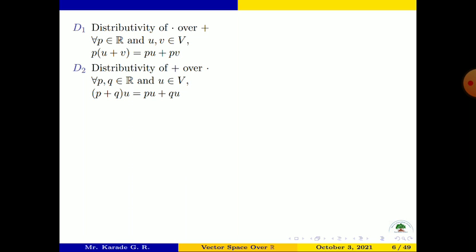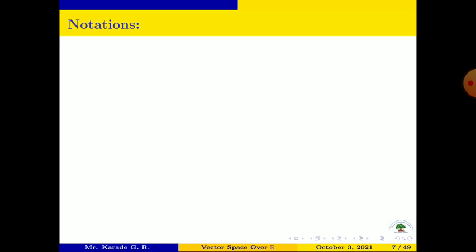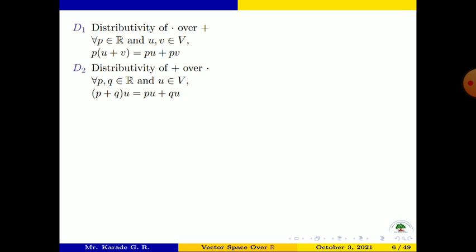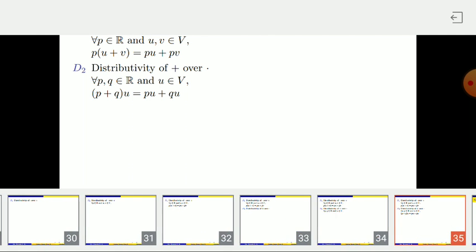So overall, these are the conditions that a non-empty set V must satisfy to become a vector space. How many conditions are there?